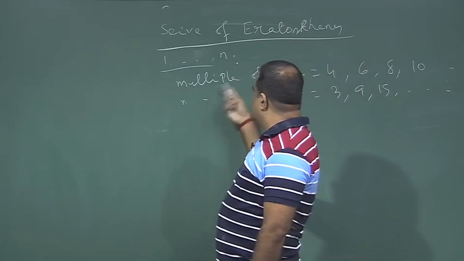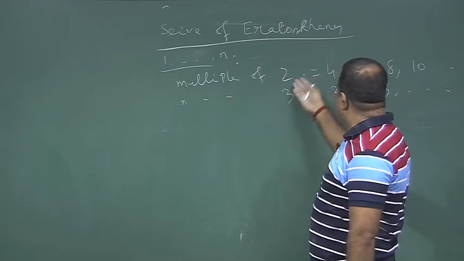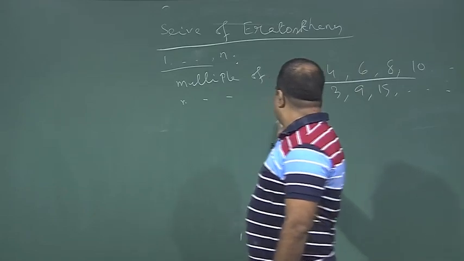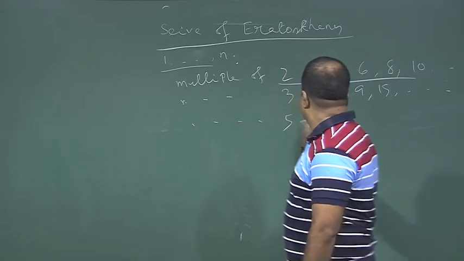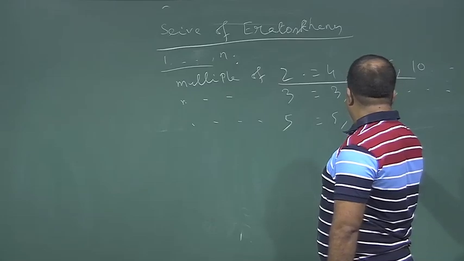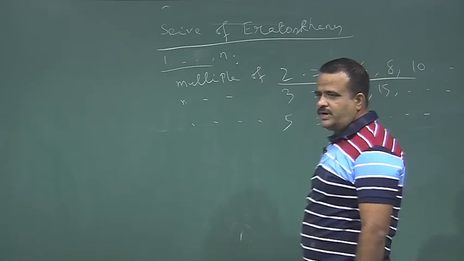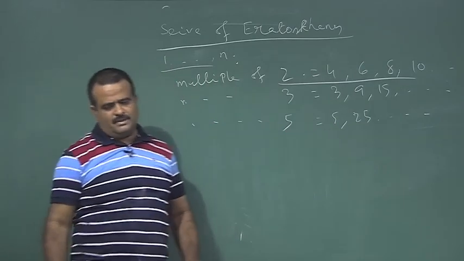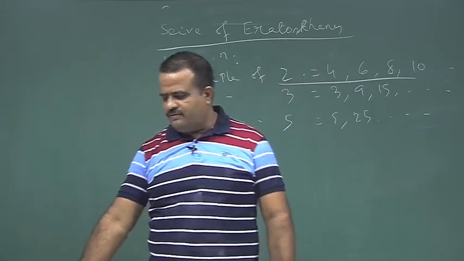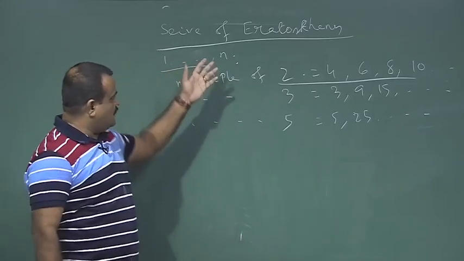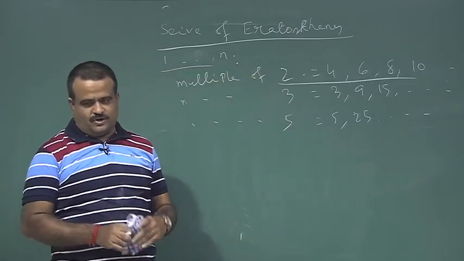Then we delete multiples of 5, where 15 comes under 3's multiples, like this. After this, the remaining numbers will be the primes. But this is also not a very efficient approach, because if n is large, it will take much more time.